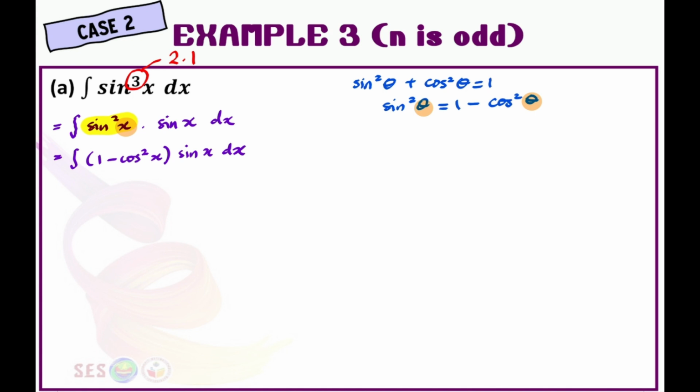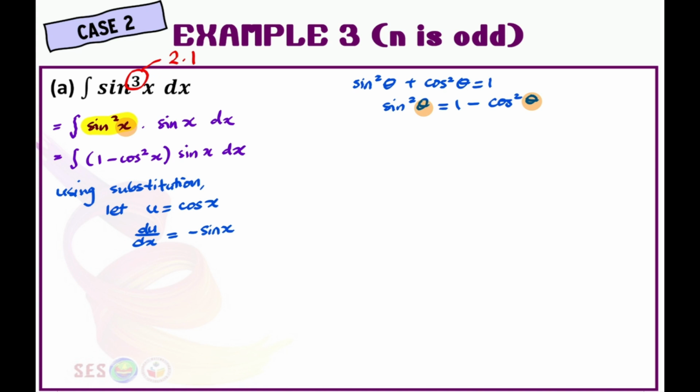So final step, our step 3, is solve using substitution method. I will let u, you already knew how to choose u before. I will choose the one with highest power, which is cos, but don't take the power. So u equals cos x, hence du dx is equal to negative sine x.